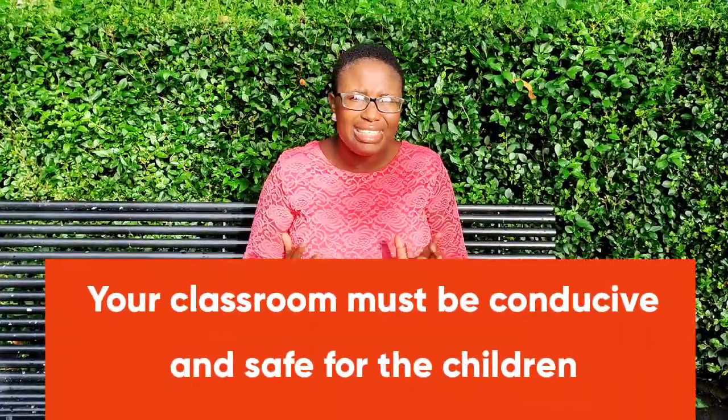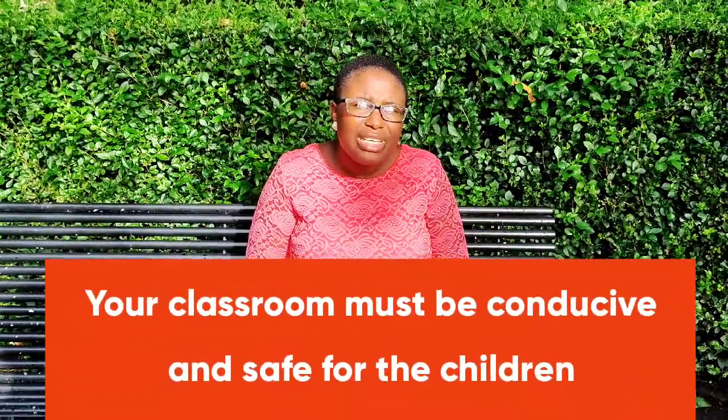Another way to create an inclusive early childhood classroom is to make sure that your classroom ensures that each child thrives. So you need to try your best as educators to make sure that the classroom environment is conducive for all children. This is important. So you have to consider their needs, and maybe you have to adapt the classroom to suit their needs, their strengths, their interests.